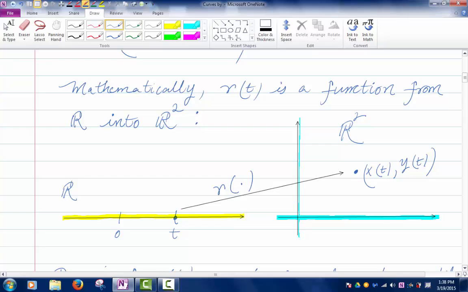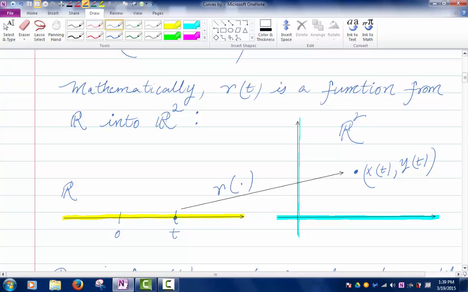So far all our functions were real valued, right? Real valued functions means the output value is a real number. Now this is not a real valued function. This is a function where the outputs are points. Is that clear?